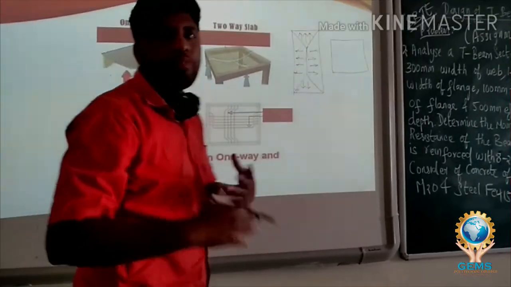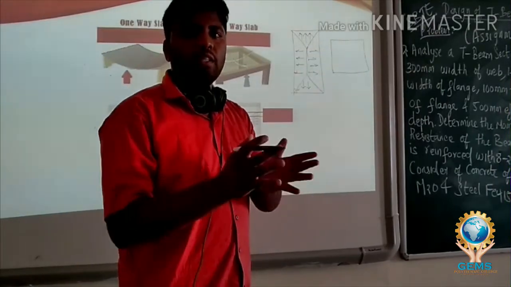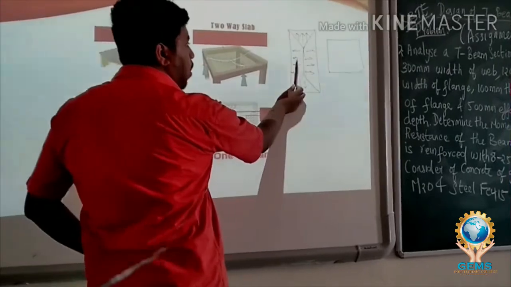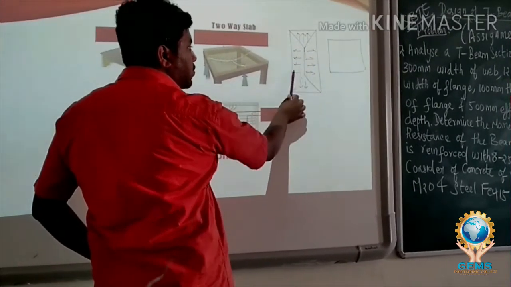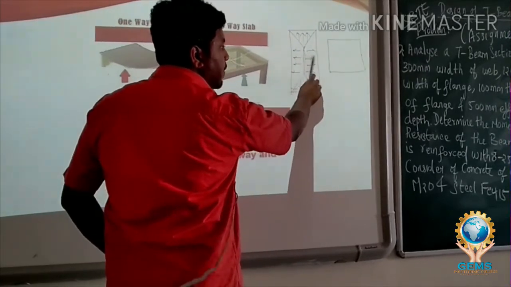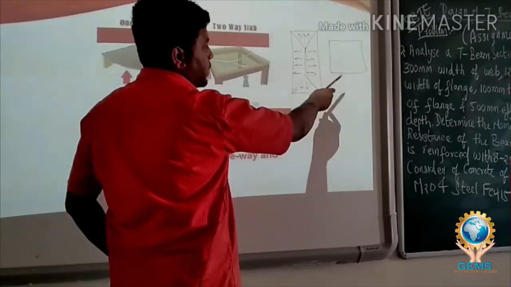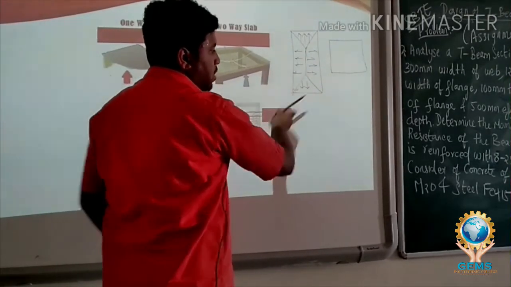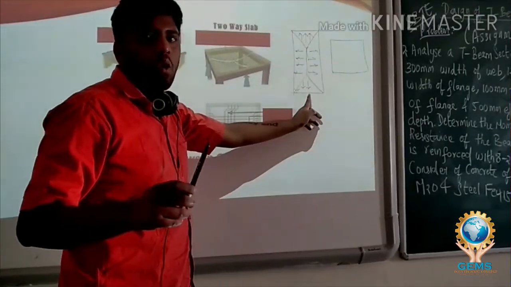That is how we will analyze the load, in which side how the load is distributed. Hence, the load will be distributed. These loads will be distributed to this side, and some load will be distributed to the left side. Some little loads will be distributed here. Due to this side, little load is distributed.